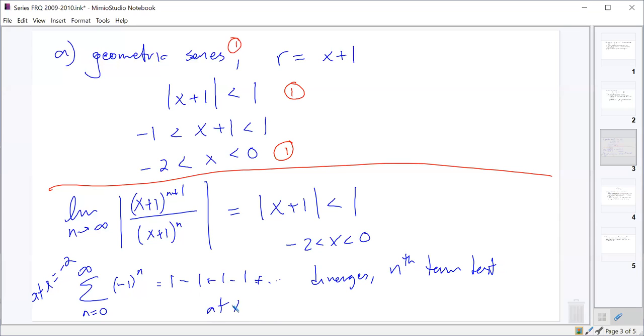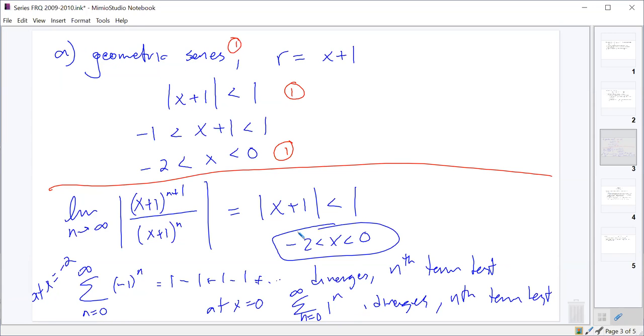And then at x equals 0, we'd end up with the sum from n equals 0 to infinity of 1 to the n. And again, this is just the series of 1 plus 1 plus 1 plus 1 plus 1. And we would say this diverges also by the nth term test. And so your interval would still just be negative 2 to 0.